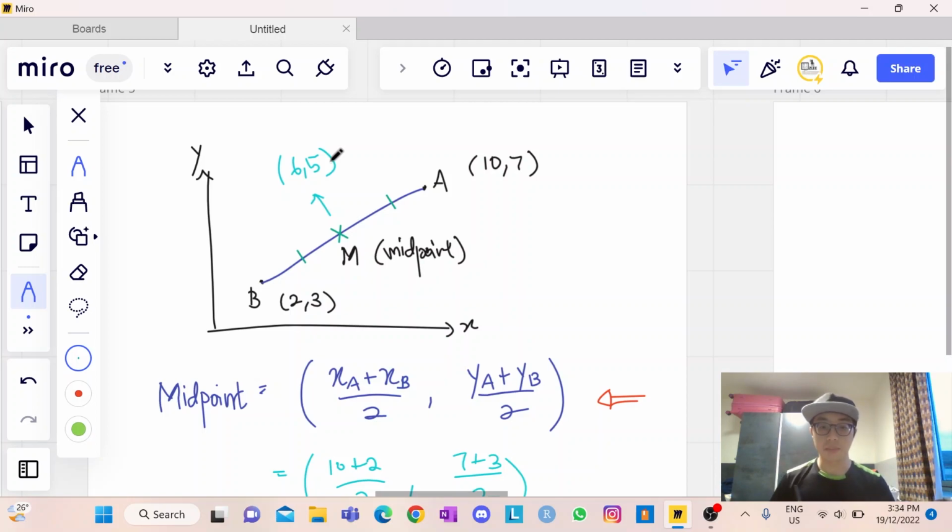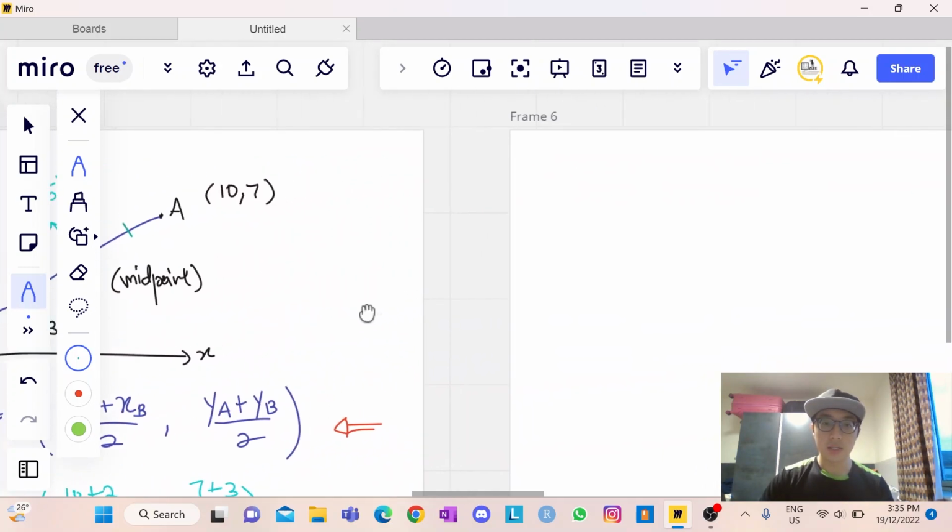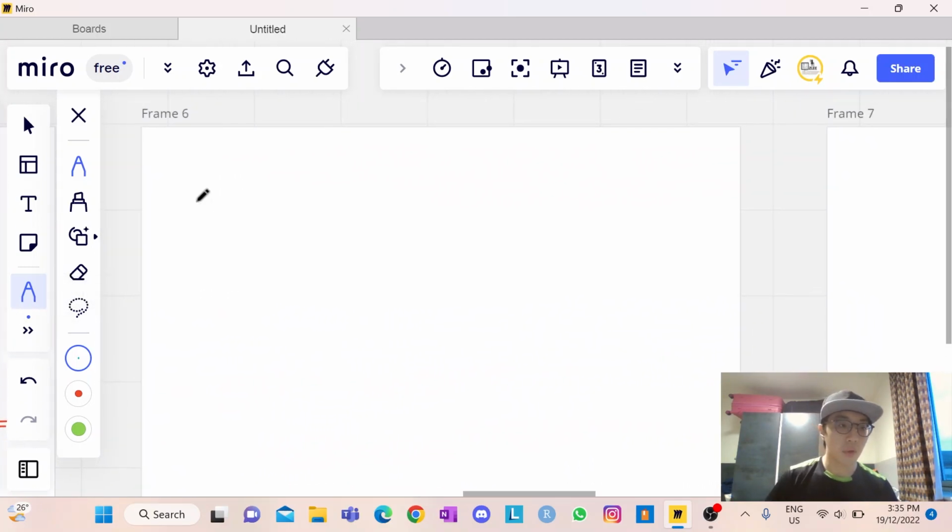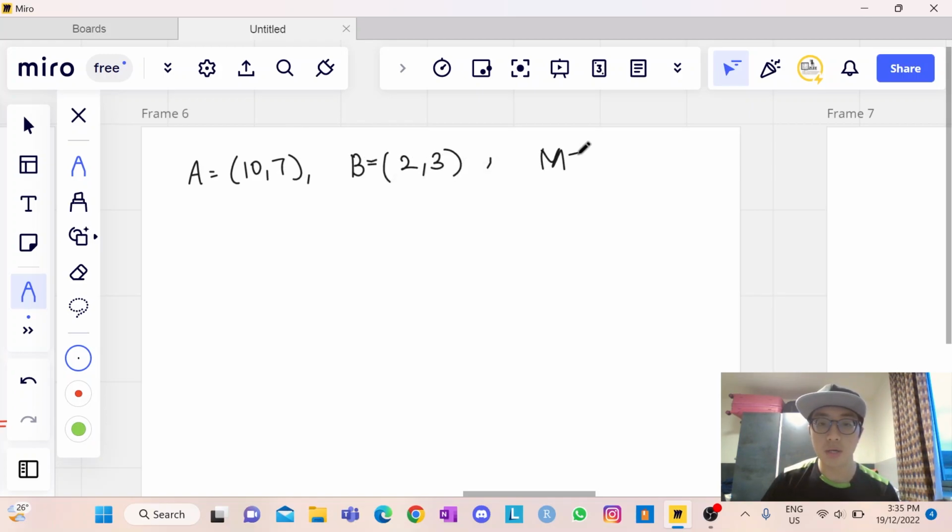So we are going to be proving that this is the midpoint by calculating the length of BM and AM. If we list down all our coordinates, A is equals to 10, 7, B is equals to 2, 3, and the midpoint that we found is 6 and 5.